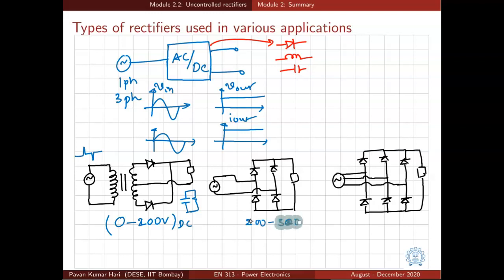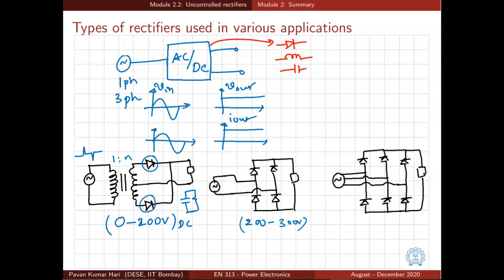So in the range of 200 to 300 volts, this single phase bridge rectifier is used. One good thing about the center tap transformer is that it also does the job of stepping down the voltage, and further there are only 2 diodes, so causing only one diode drop in any given instant.